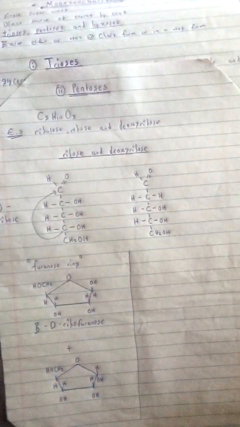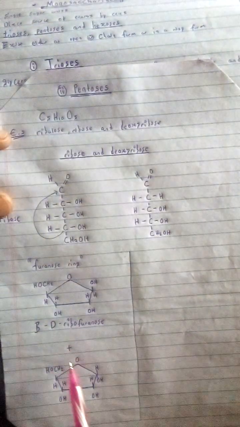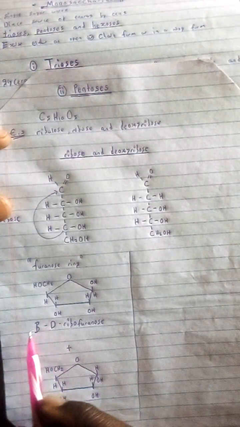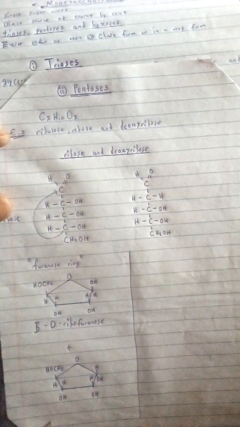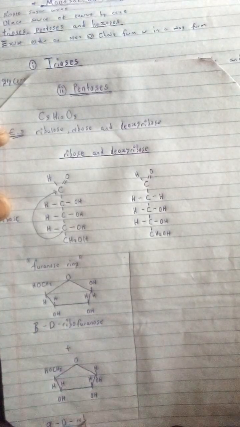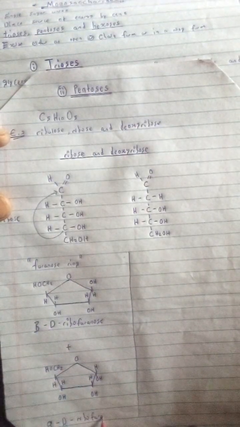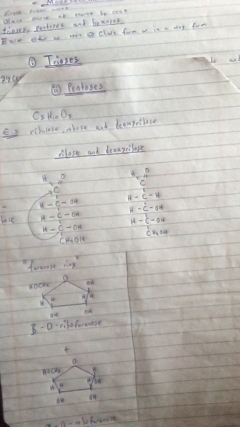All right, so this is how you draw the ring form. But let's name this. If this is beta D ribofuranose, what will this be called? Well, this one will be called alpha D ribofuranose. What will simply change is this part, because the OH now on carbon 1 is down there.